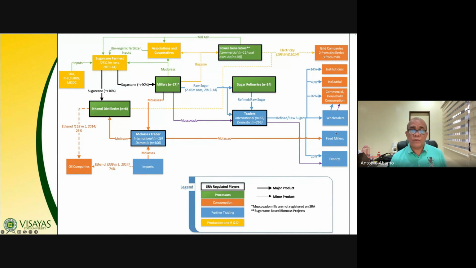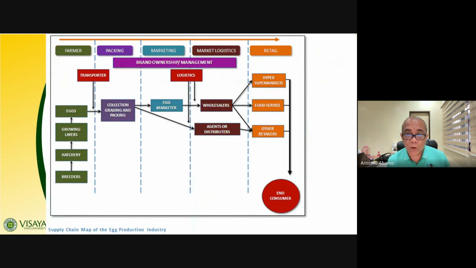So this is a typical supply chain from the input side down to the market side, where there are co-products developed along the way. It can be something like this, or it can also be something like this. From the farmer, you have packaging, marketing, and market logistics.